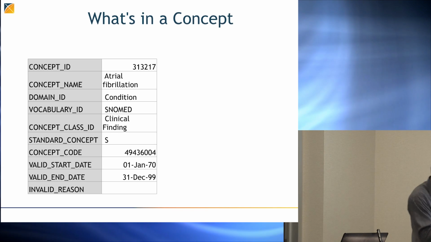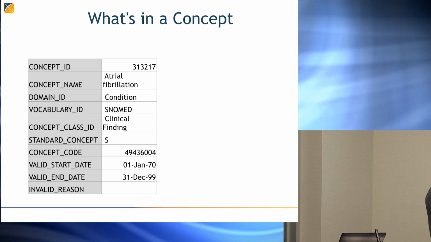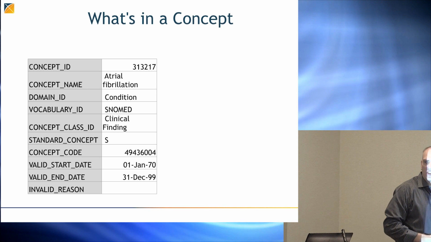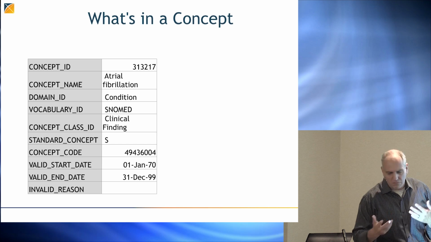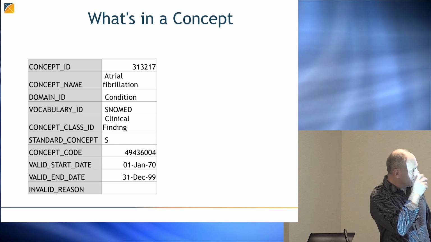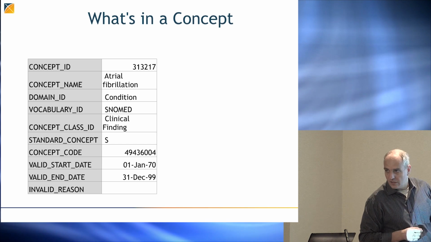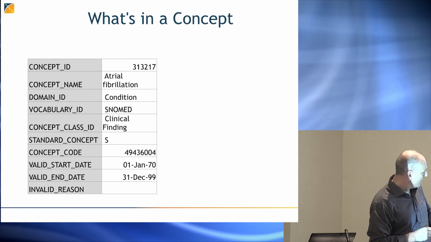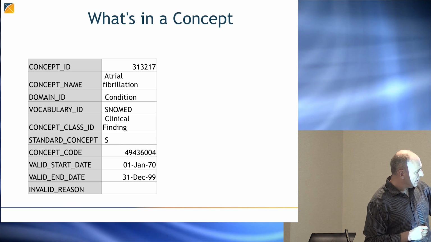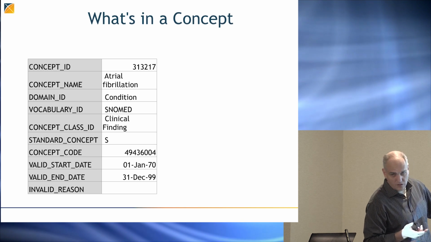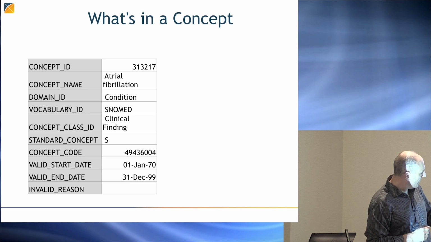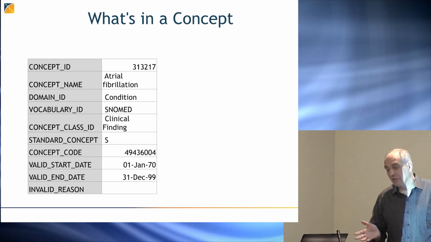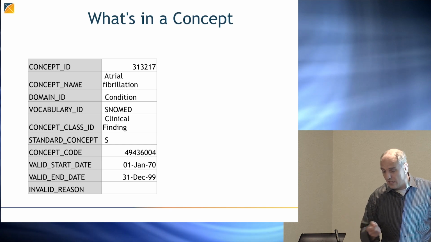However, if the people who make SNOMED decide that this is a bad concept, there's no such thing as atrial fibrillation, it's badly defined, then they'll take it out, and we won't take it out, and it's going to get a valid end date and an invalid reason. The valid end date means it's no longer valid, and the invalid reason tells you one of two things: either it just died, I don't know why, it's gone.